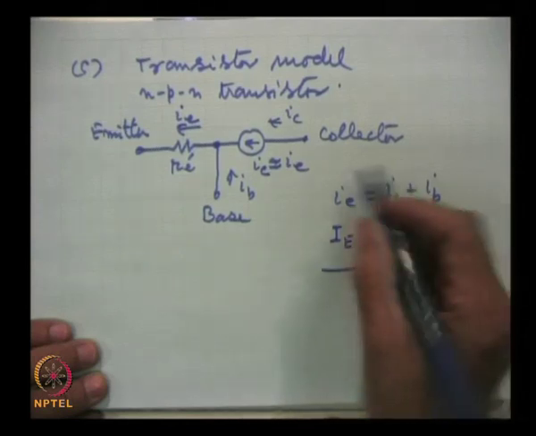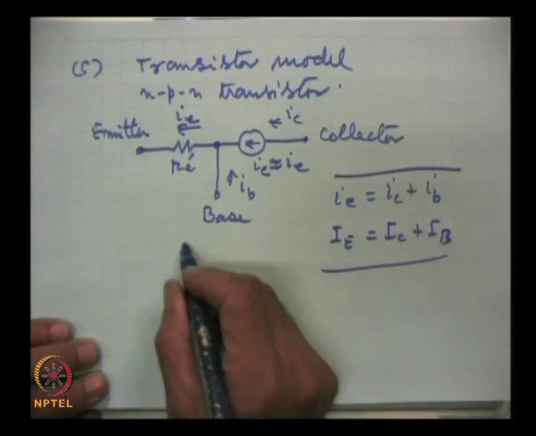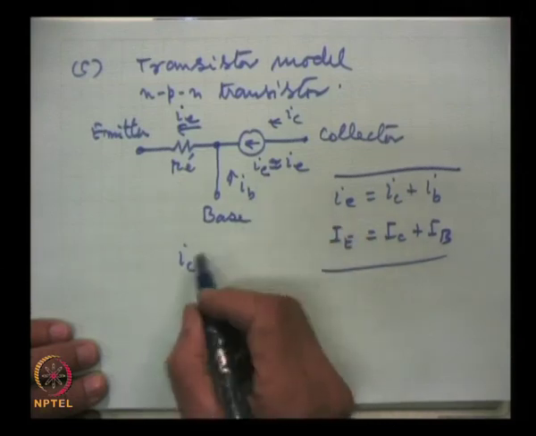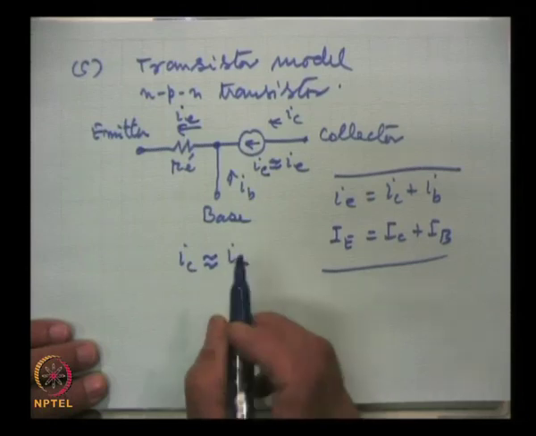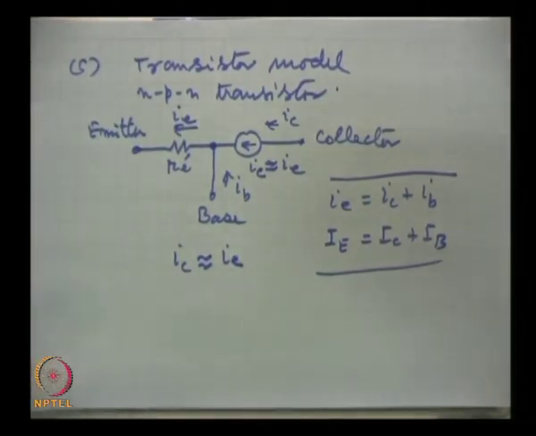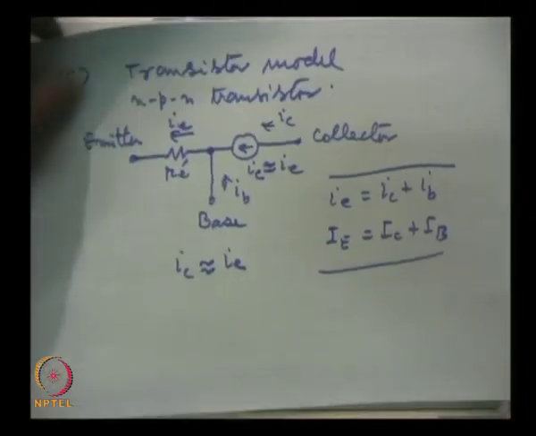This is very fundamental, and I c is, as I have written here, very close to I e, because base current, which is the recombination current, is often 2 orders of magnitude or even 3 orders of magnitude smaller than emitter current or collector current.